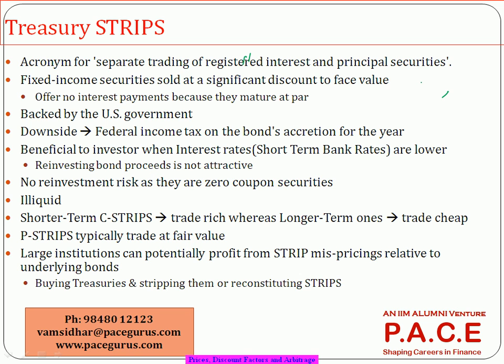So the reality of what is happening is, without getting a rupee of money, you are paying a tax, especially for coupon strips. This is not applicable to a principal strip.